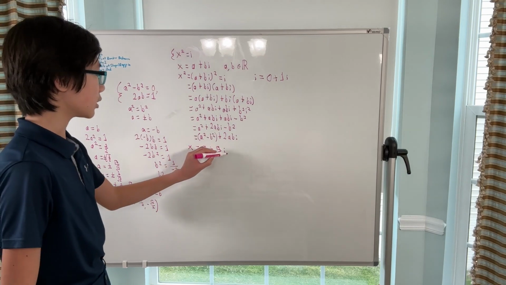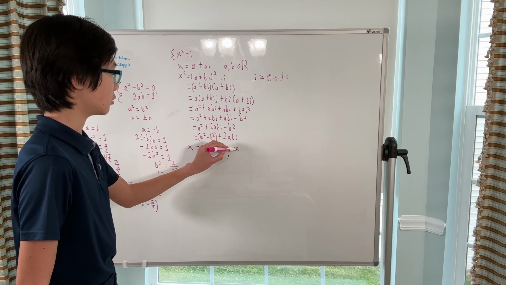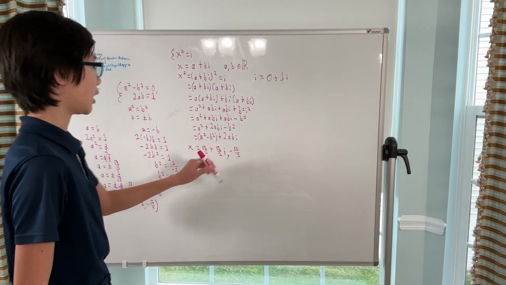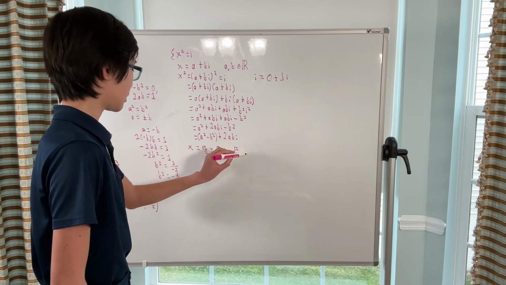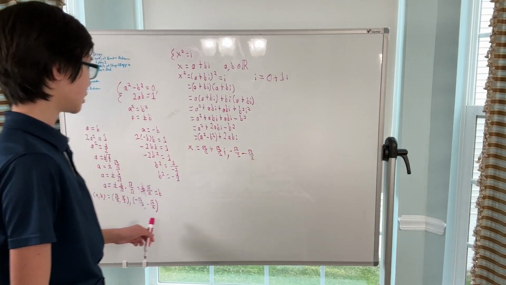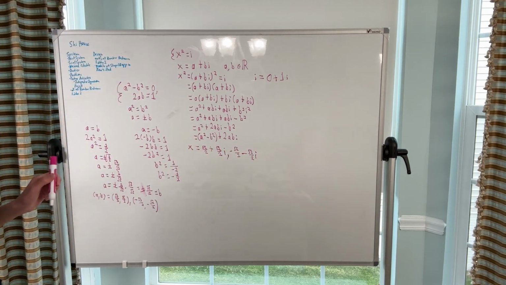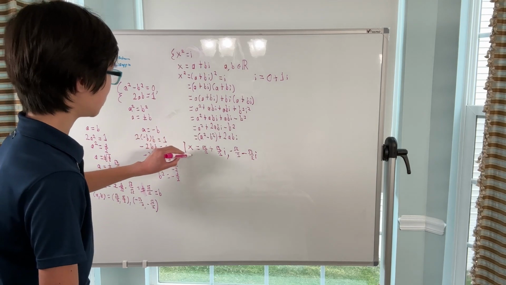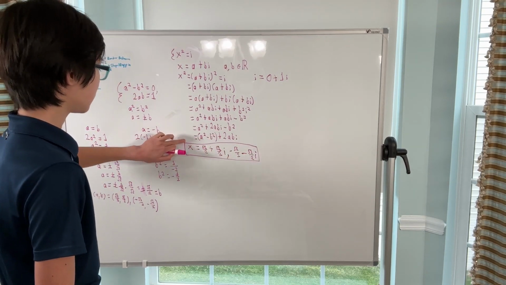It can also equal negative the square root of 2 over 2, which is another value for a, and minus the square root of 2 over 2, which is the other value for b, times i. So these are the two possible values for x.